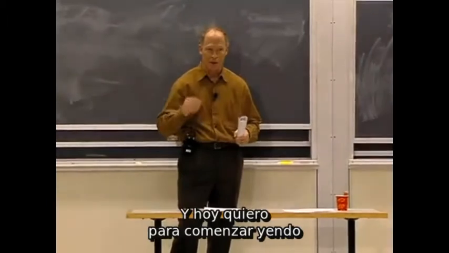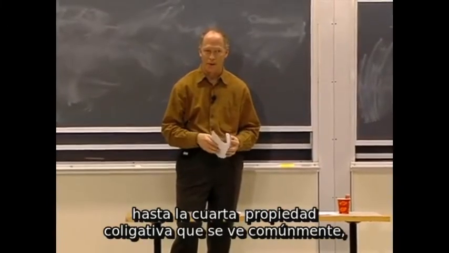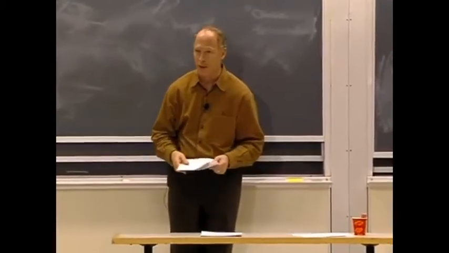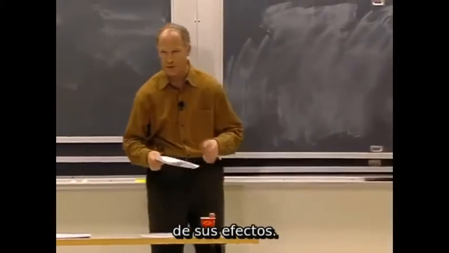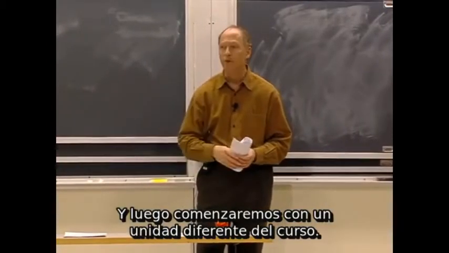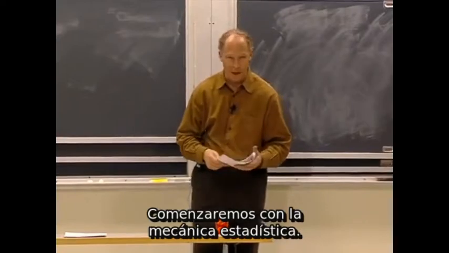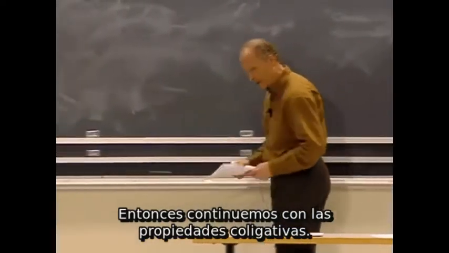And today I want to start by going through the fourth colligative property that's commonly seen, what's called osmotic pressure. I mentioned this before. Today we'll go through a quantitative calculation of its effects. And then we'll start in on a different unit of the course. We'll start in on statistical mechanics. So let's continue with the colligative properties.